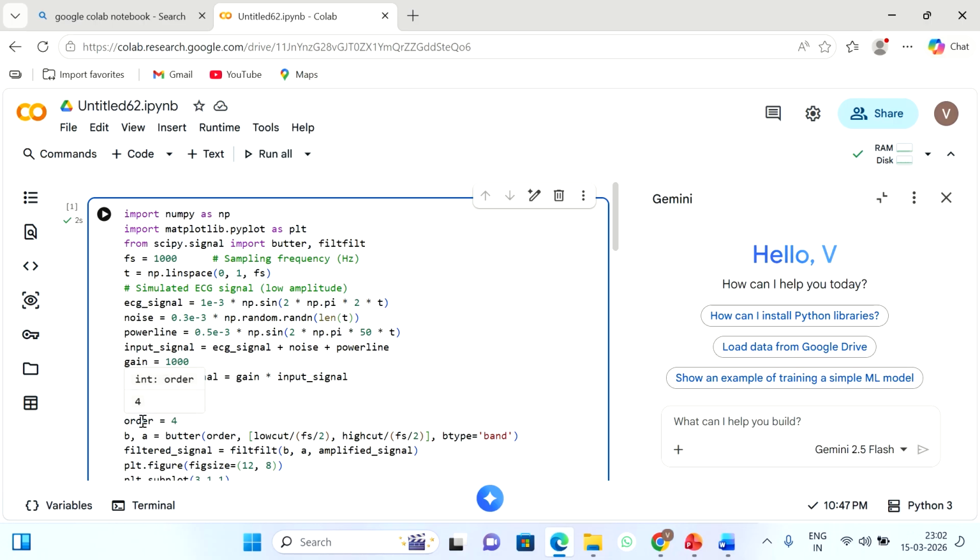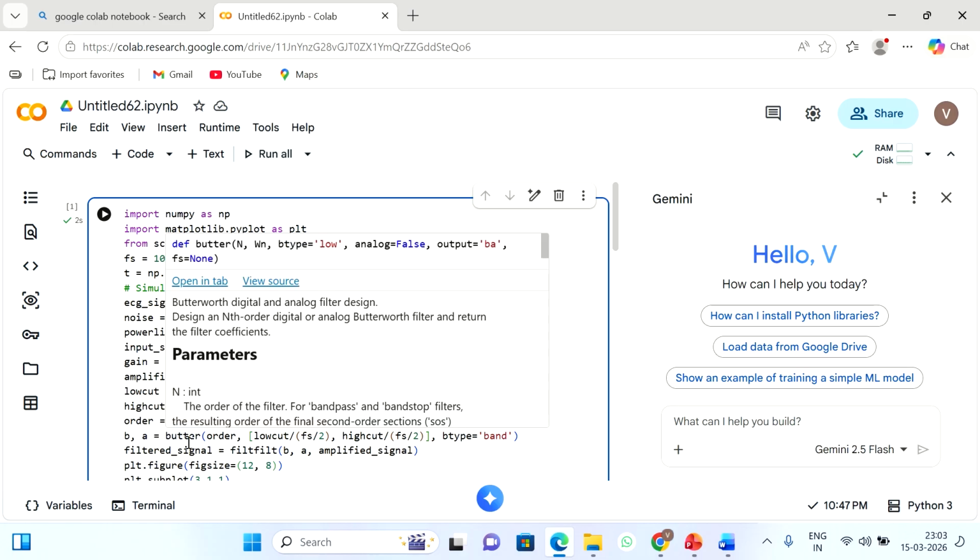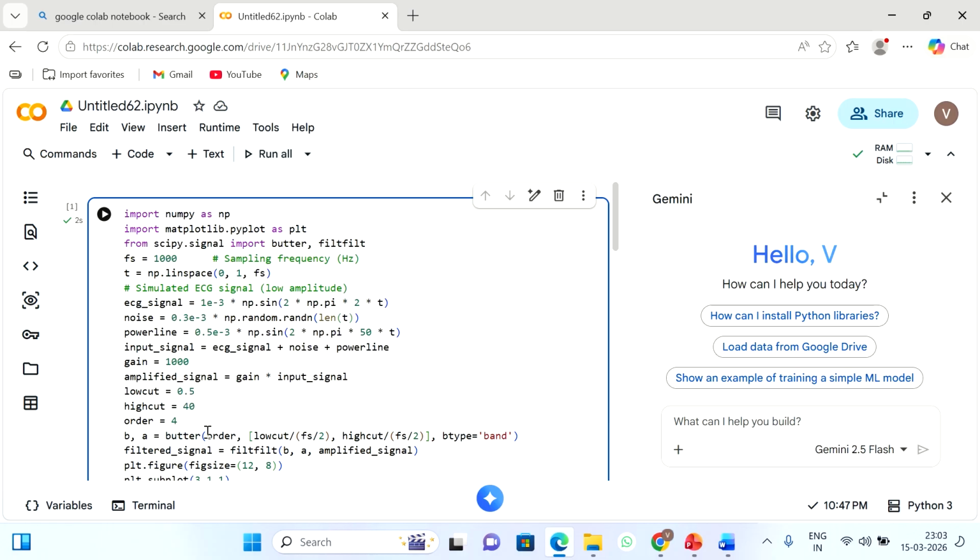Filtering means we have to generate the filter coefficients, then apply them on the input signal. So B is the numerator of the filter coefficients, A is the denominator of the filter coefficients. Then the Butterworth filter we are applying is of fourth order.